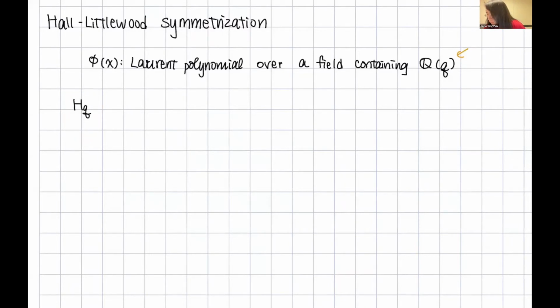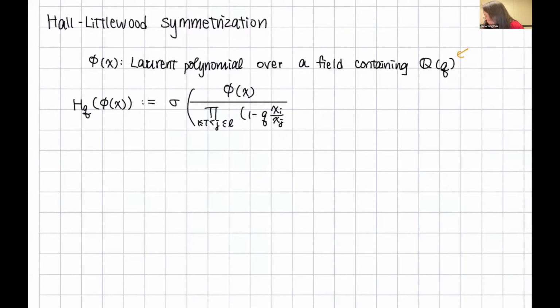So how do we define this guy? If you put any Laurent polynomial, then it is defined as sigma of this. Okay, so the product over i less than j, 1 to L, 1 minus Q, this time I have xi over xj.